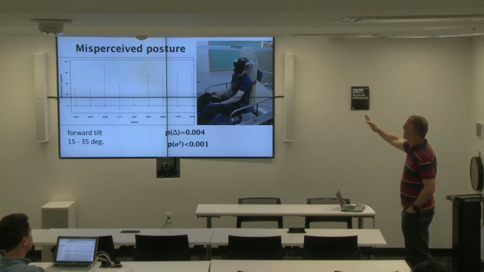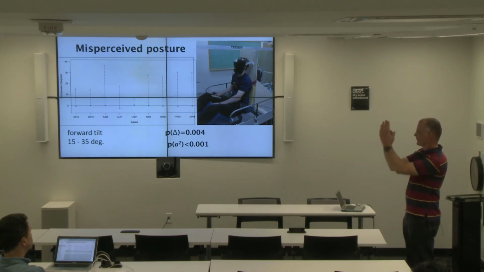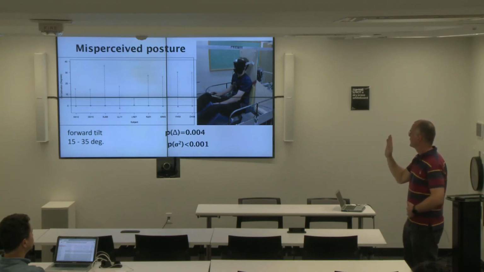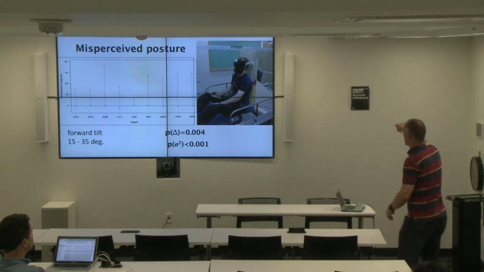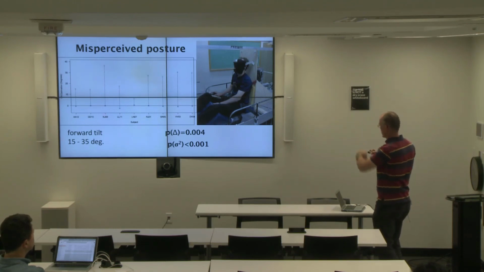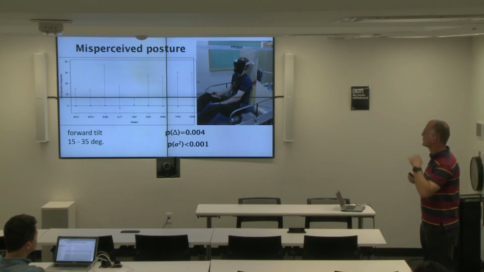This here is data from what people feel to be their posture. They're actually sitting 100% vertical on this centrifuge. It's rotating, and the center of rotation is behind the person, and they feel that they're tilted forward.